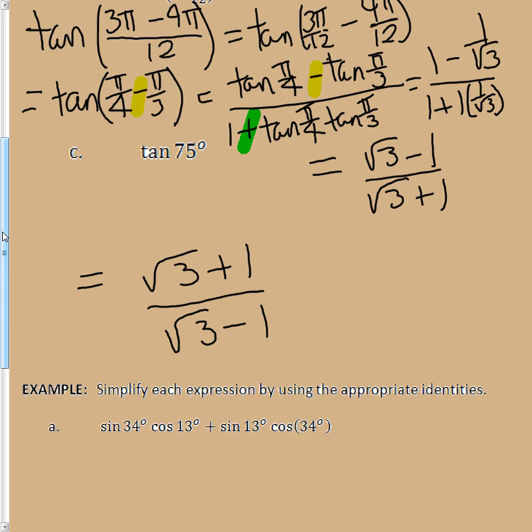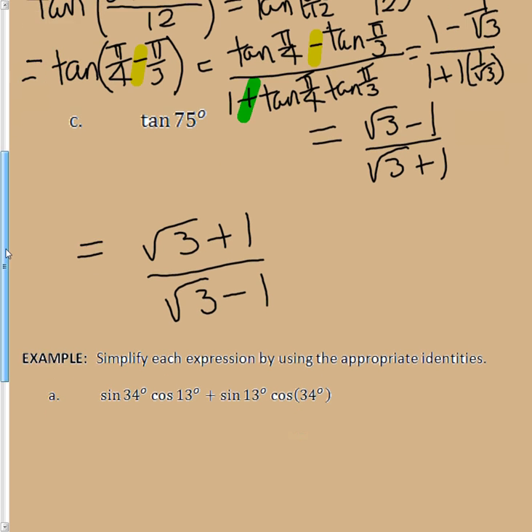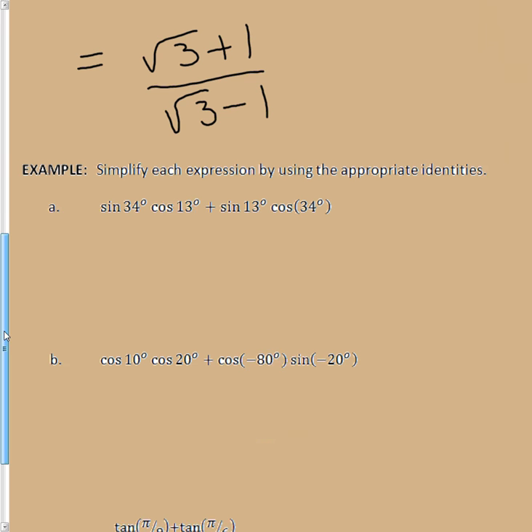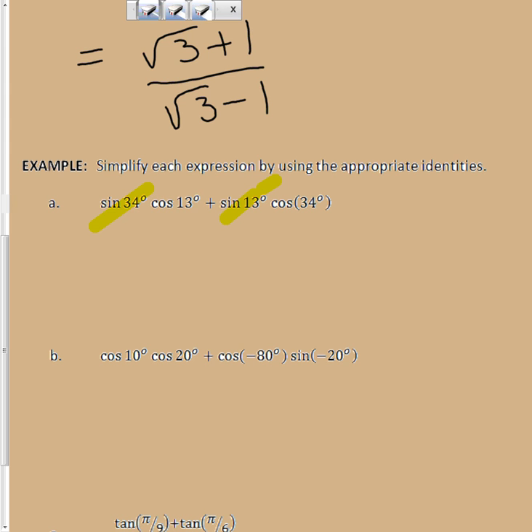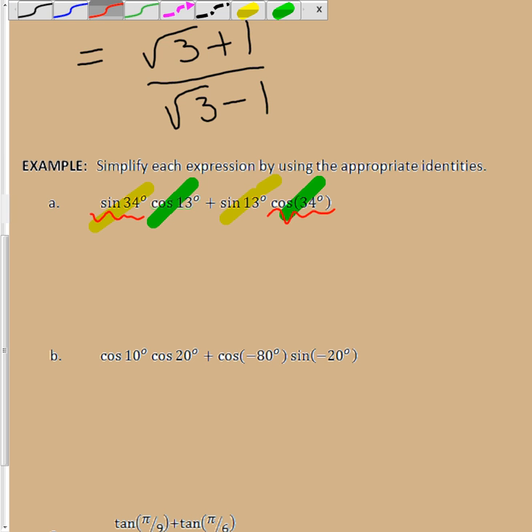Okay, so now what we're going to do is we're going to simplify each expression, use the appropriate identities. So what I'm looking for here on the first one is I'm looking for the fact that I have a sine, and I have a cosine, and not only that, but I'm going to look for particular things. This is a sine of 34, this is the cosine of 34. There's my alphas. Then I have the cosine of 13 and the sine of 13.